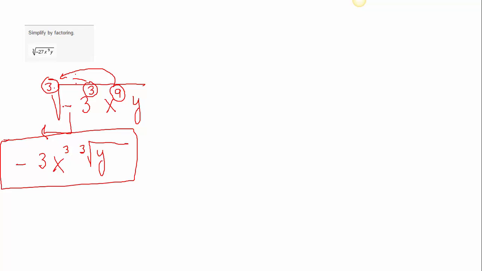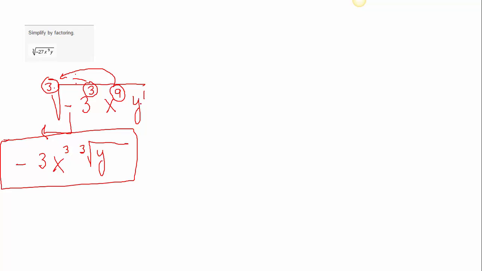So in a problem like this, if this is a cube, we would like to make those exponents a multiple of 3 if possible. Well, 3 is a multiple of 3 because 3 divided by 3 is 1, so we don't have to write 1 here, we just take the 3 outside. X to the power 9. 9 is a multiple of 3 because 9 divided by 3 is 3, so we change that x to the power 9 outside the radical as x cubed.